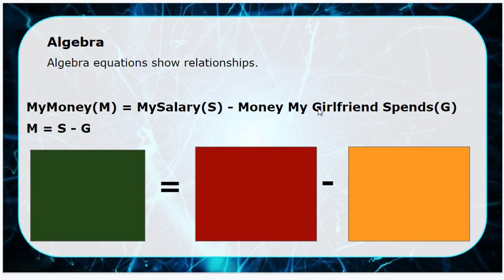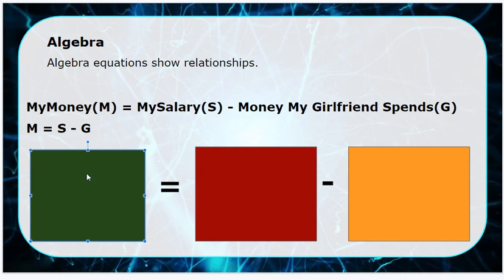And if my girlfriend is spending all my money, well, that makes my money go down, right? And so this minus sign here, okay, my money equals my salary minus money my girlfriend spends. This minus sign shows the relationship between these three things.